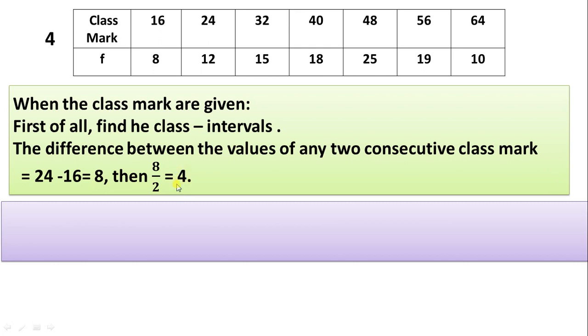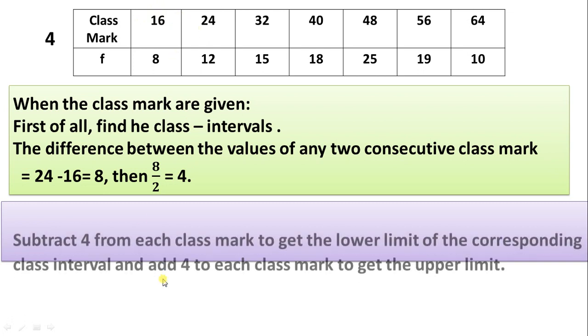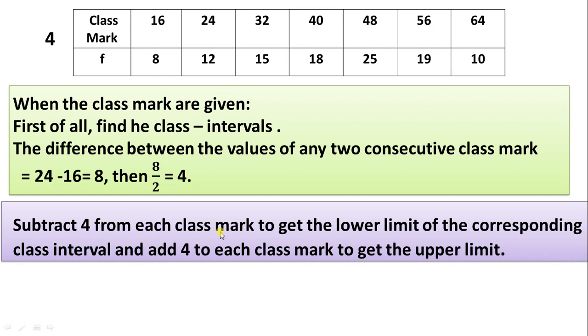So this 4 is the value which has to be adjusted for 16. That is 16 minus 4, 12, 16 plus 4, 20. That means subtract 4 from each class mark to get the lower limit of the corresponding class interval, and add 4 to each class mark to get the upper limit.